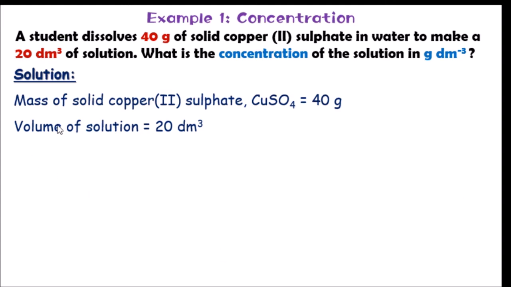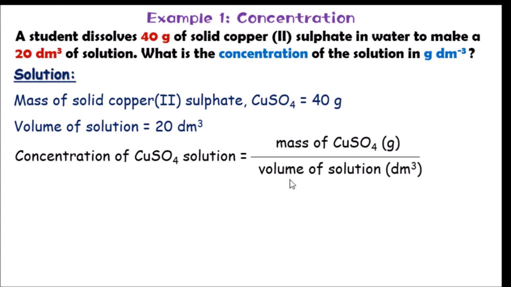Next, the concentration of the copper(II) sulfate solution is the mass of the copper(II) sulfate divided by the volume of the solution.